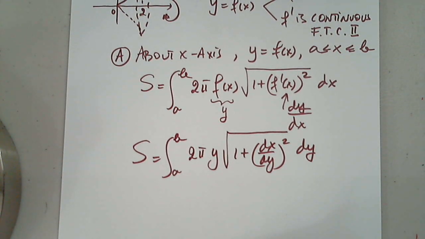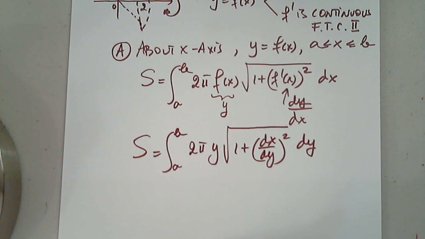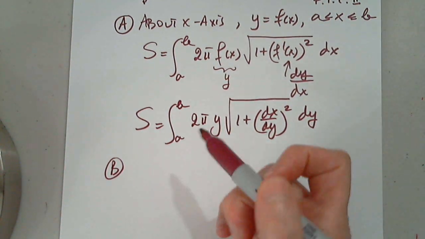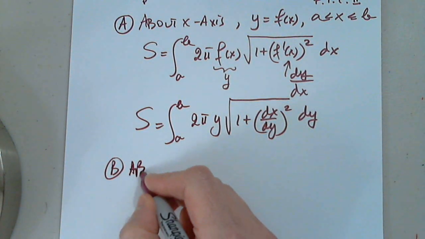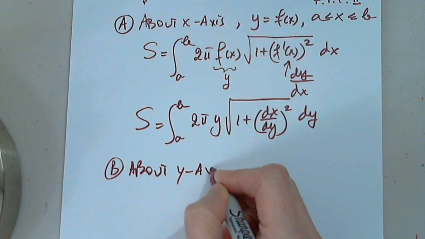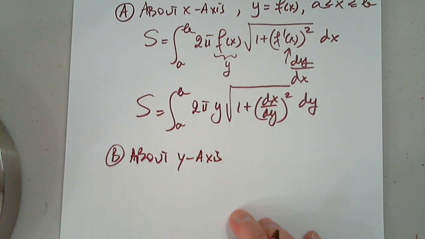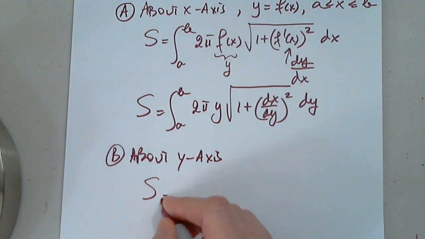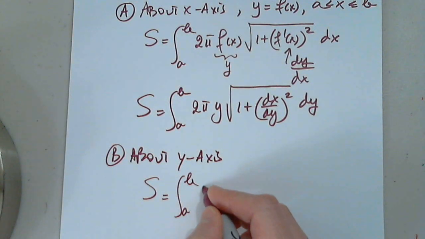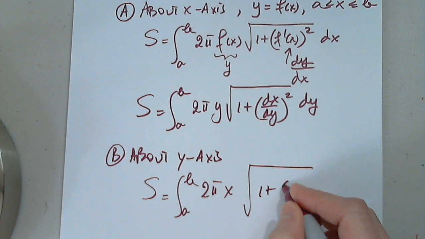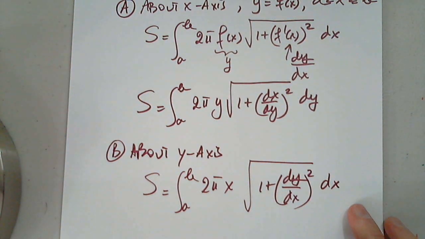The other possibility is when we rotate about the y-axis. When we rotate about the y-axis, the formulas are slightly different: 2 pi x times the square root of 1 plus dy over dx, everything squared, dx.